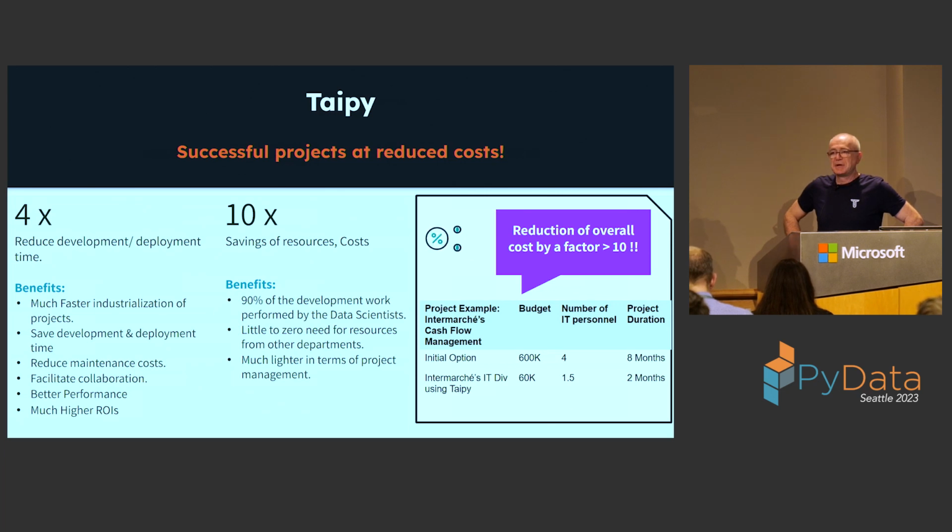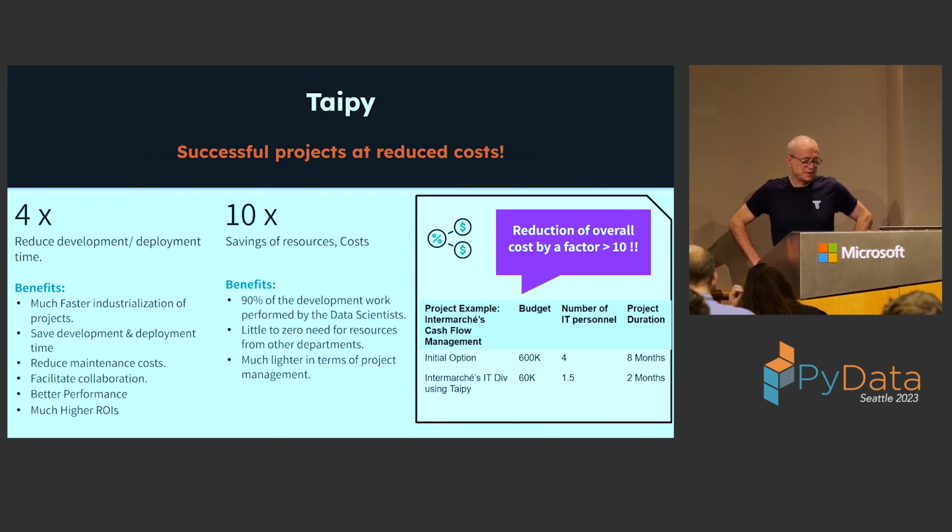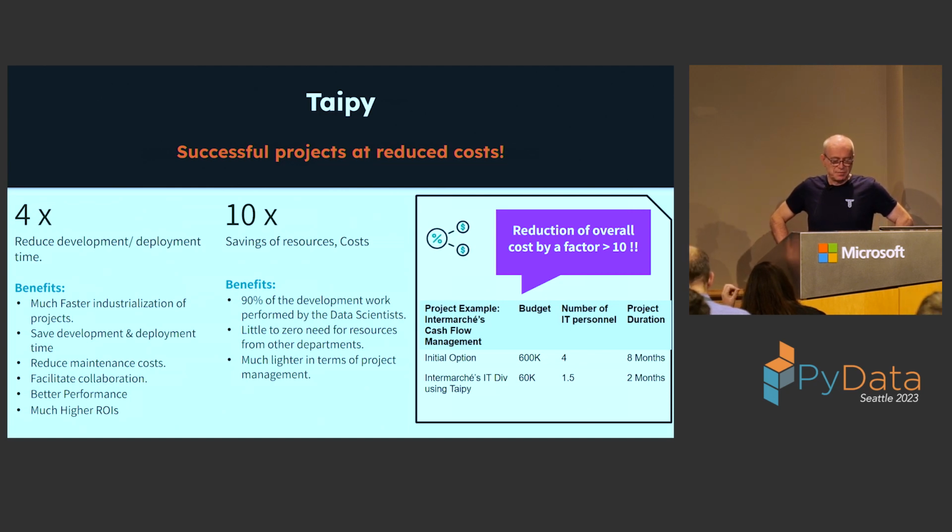This is an IT department in one of the largest retailers in Europe. Their option was to go for a tender for 600K to develop a forecast for their cash flow. The end users were the CFO and the treasurers of this company. It was costing them 600K, 4 people, 8 months to get their first release.